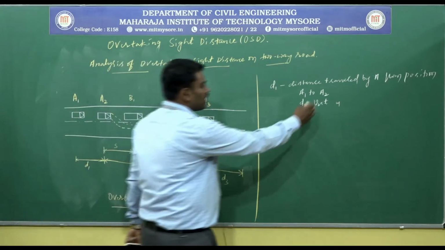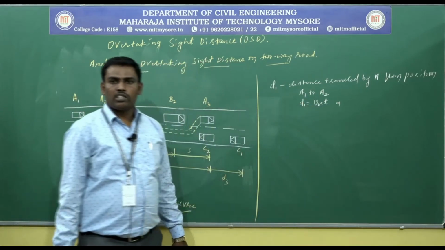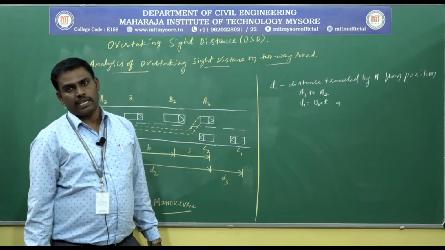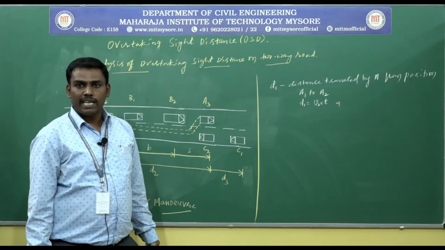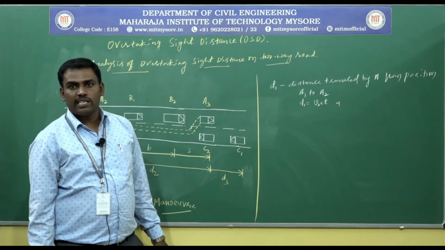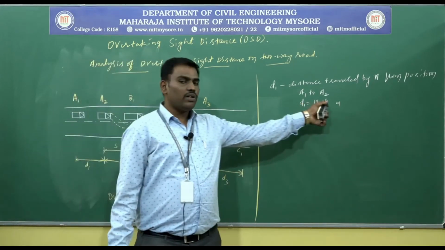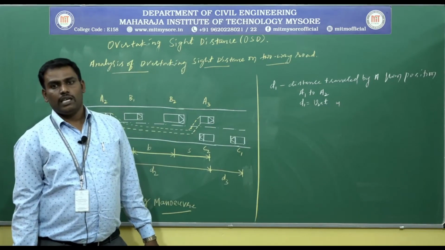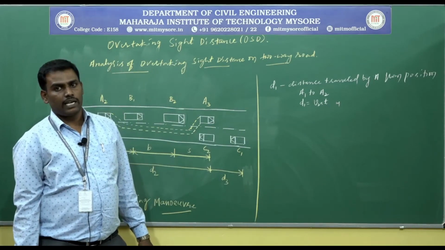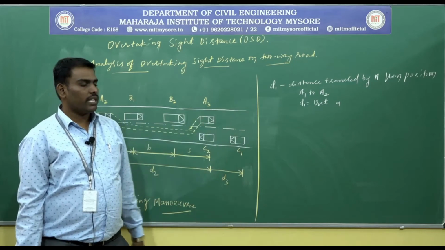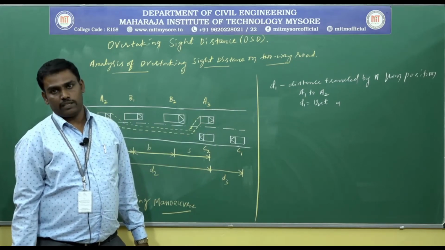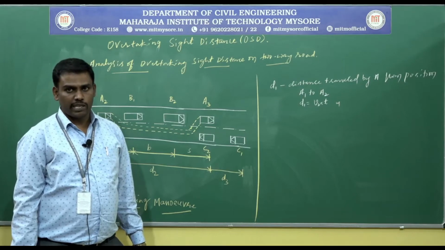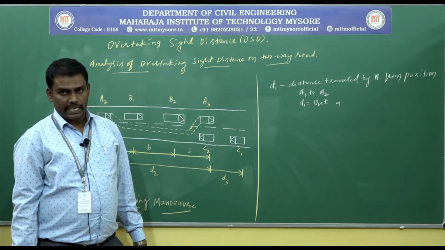For calculating the stopping sight distance, IRC has suggested a reaction time of the driver of 2.5 seconds, but for the overtaking sight distance, the Indian Roads Congress suggested an average reaction time of the driver of 2 seconds. So 2.5 seconds for stopping sight distance, and 2 seconds for overtaking sight distance.